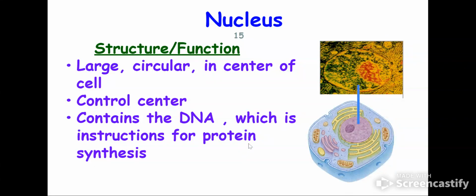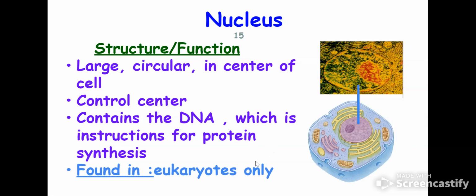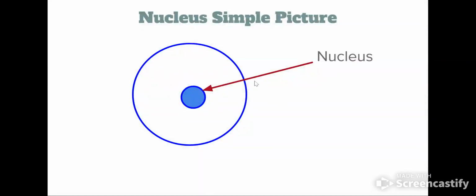So really important to remember, it's DNA there controlling where proteins are being made. That's why it's the control center. It's in control of making all your proteins. This is found in eukaryotes only because it is a membrane-bound organelle. Simple picture, you have a circle, if this is an animal cell, in the middle you got a nucleus.